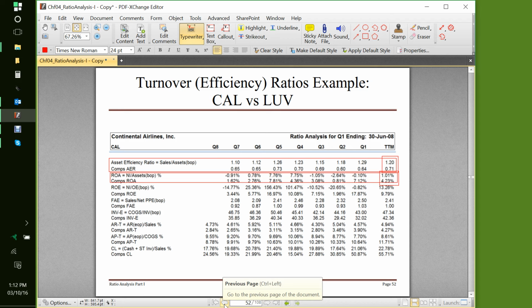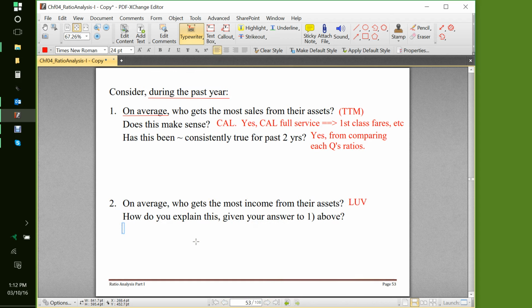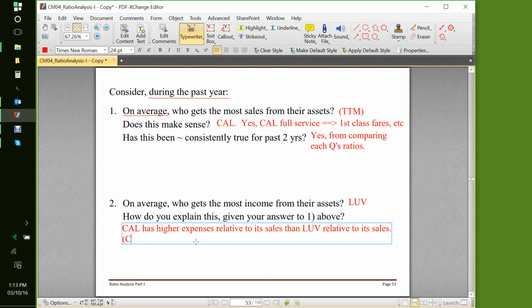That's the only possible explanation. So Cal has higher expenses relative to its sales than Love. So we would say Cal has a higher cost structure.